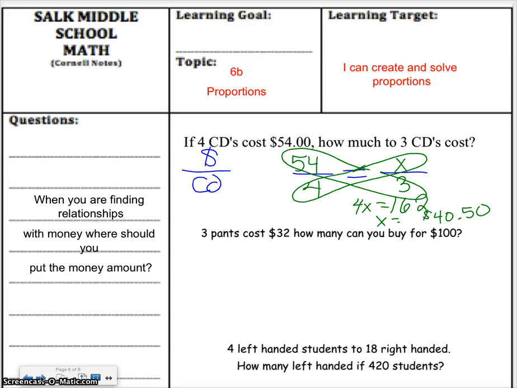Okay, notice that it did say 0.5, but that's not real life context. Real life money goes to cents. So if you go buy something, a cashier isn't going to say, give me 40.5, please. A cashier is going to say, give me $40.50.